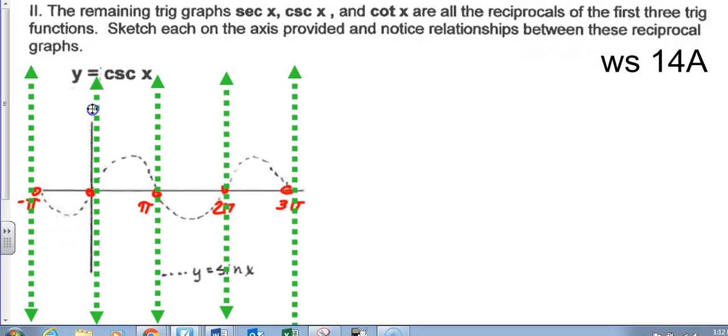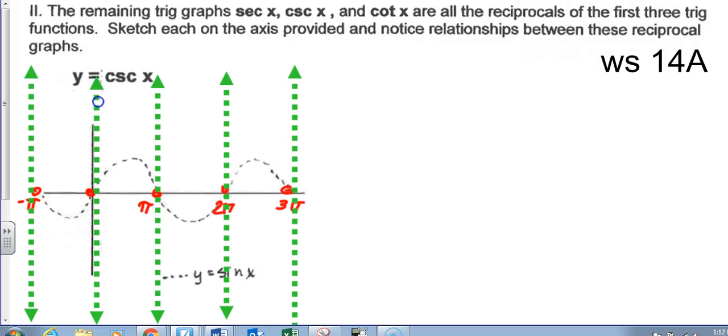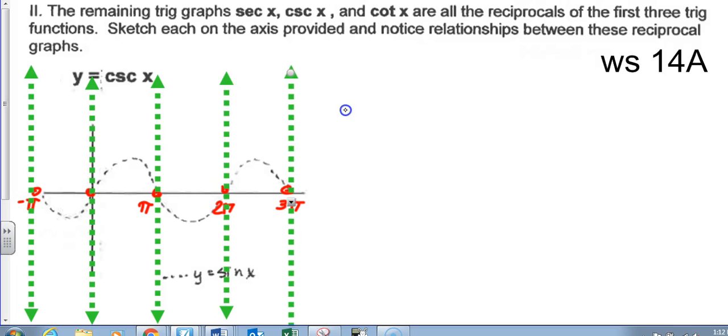Whoops, that wasn't what I meant to do. All right, so those asymptotes are at 0, 1 pi, 2 pi, 3 pi, right? Every multiple of pi.